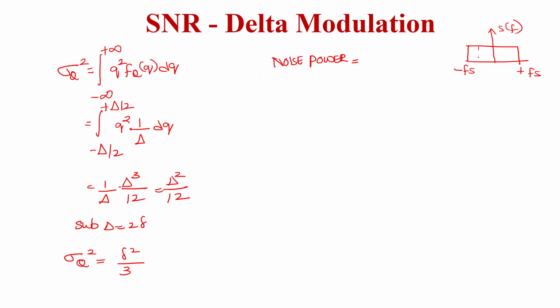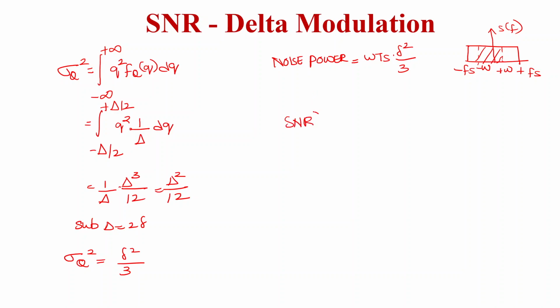It is confined to the region from minus W to plus W only. So by applying this, I can write it as W Ts into delta square by 3. This is your noise power.